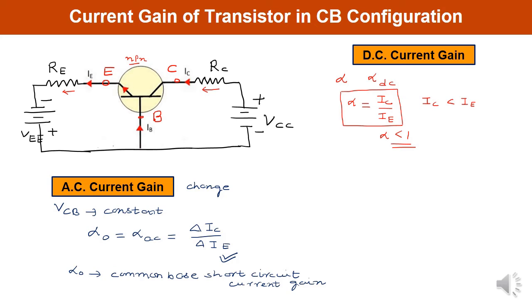The value of alpha naught is also less than unity, because the change in collector current will always be less than the change in emitter current. And alpha naught is approximately the same as alpha. It means the AC current gain is almost the same as alpha, so in that case you can write alpha equal to alpha naught. This depends upon the situation, whatever term is being asked, and you can calculate the numerical values if you get a numerical question.